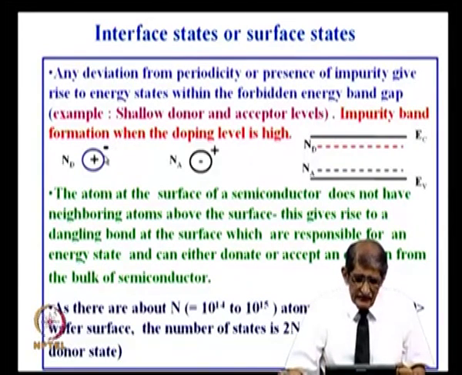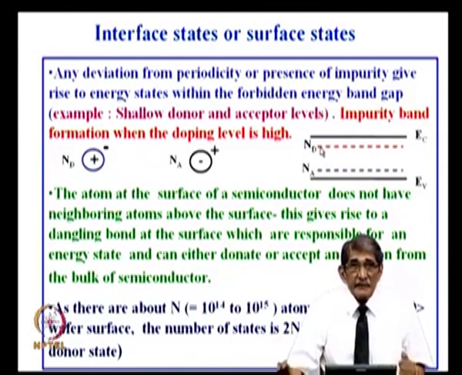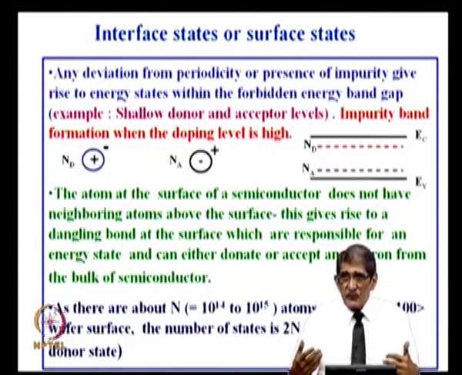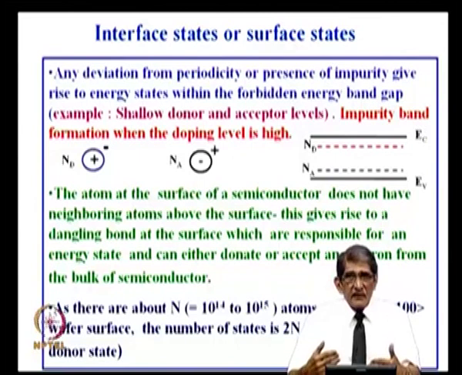So, actually this level corresponding to this donor will be very close to the valence band. It is not near the conduction band, implying it will require large energy, much larger than the shallow donors. They are called deep donors, which are far away from the conduction band.